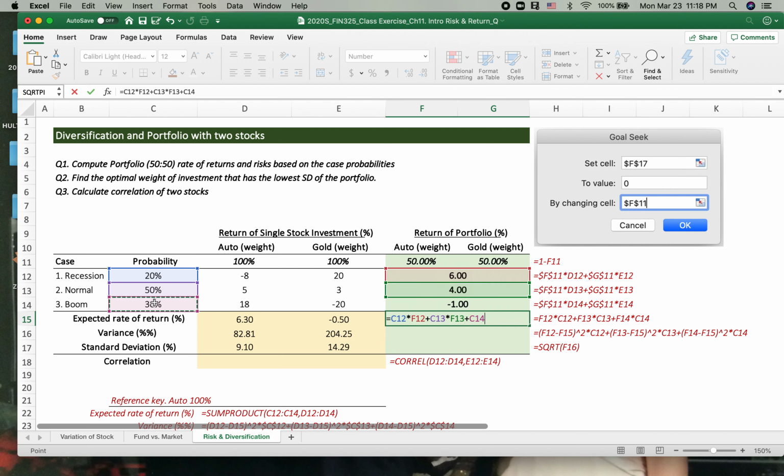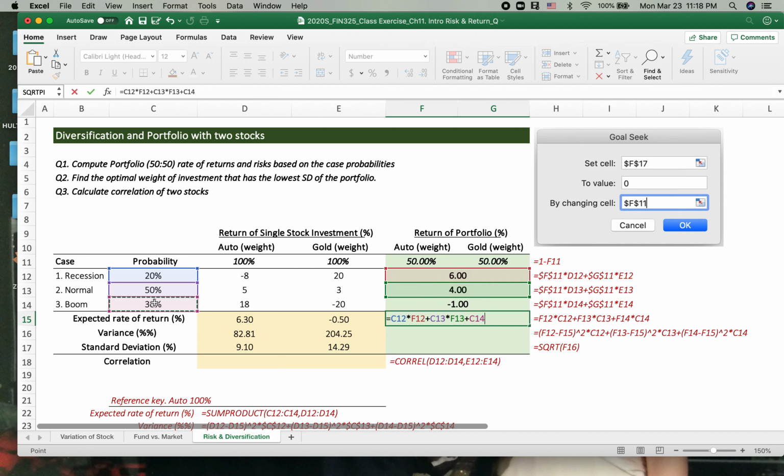Okay, so the variance, how do we get the variance now? The same way: the 6% minus the 2.9% mean, to the power of 2, and we need the probability now.